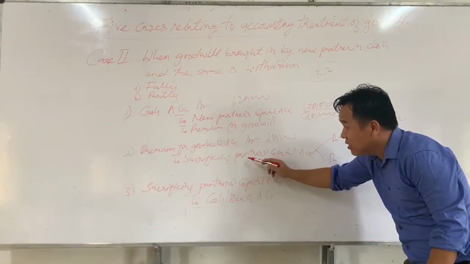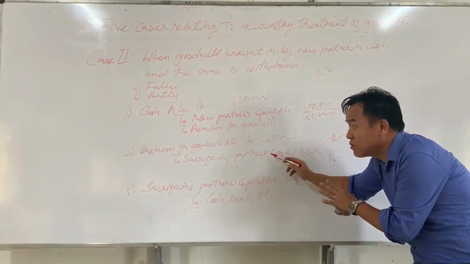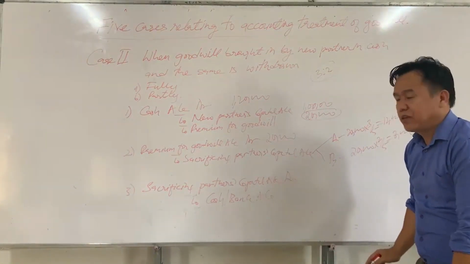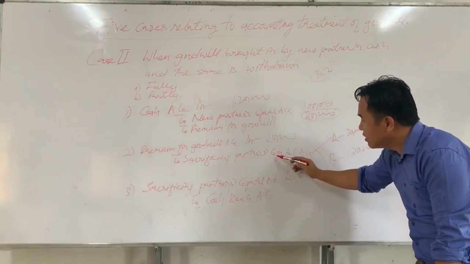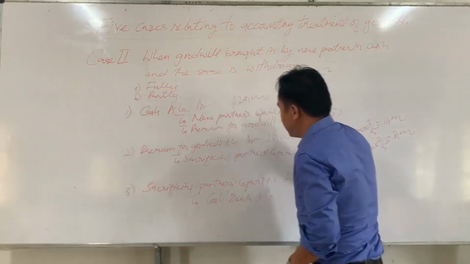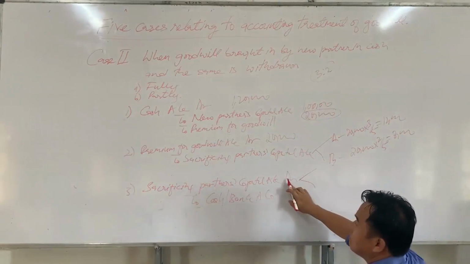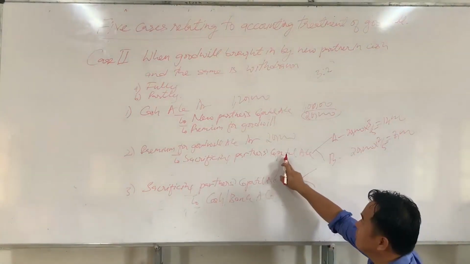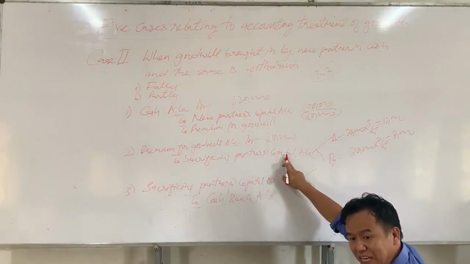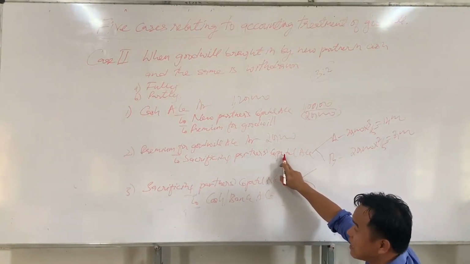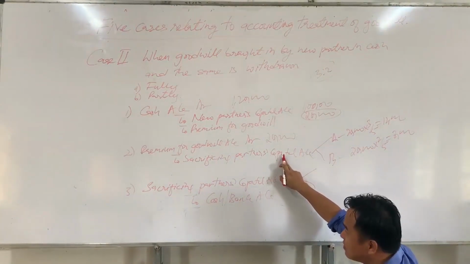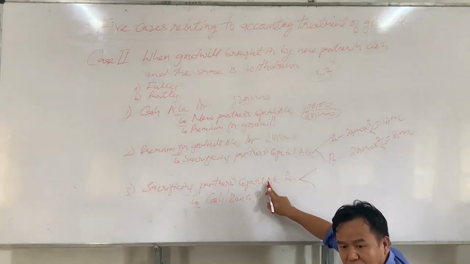Sacrificing partner. Now they are withdrawing the premium amount. If they have withdrawn the premium amount fully, then the sacrificing partners' capital will be debited. Since they have withdrawn the premium amount for their personal use, their capital will decrease. If their capital decreases, then their capital should be debited.